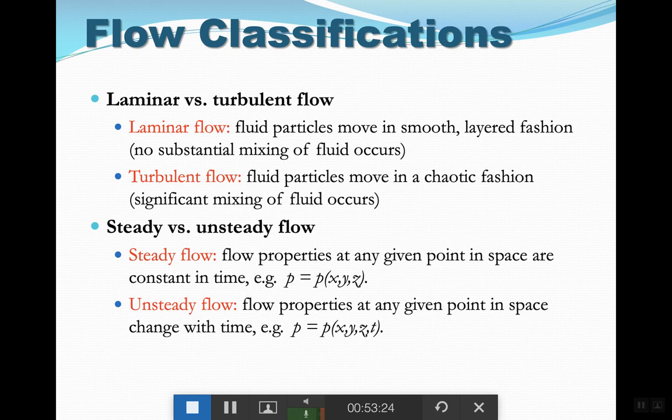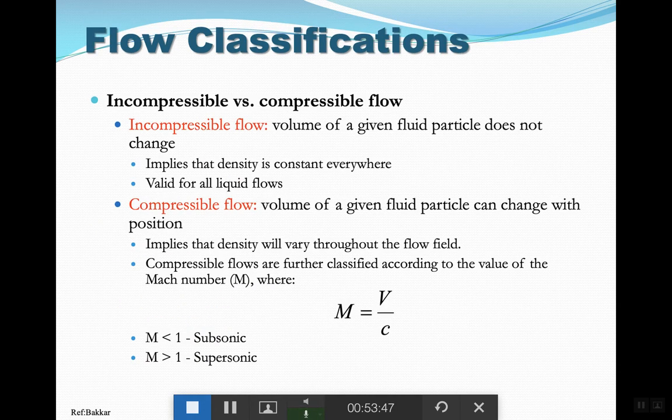So you have to know if the flow is laminar or turbulent. Second, you have to know if the flow is steady or unsteady. This is also important, because you want to know if you have to consider a transient, time-dependent flow, or if it's just a steady, time-independent flow.